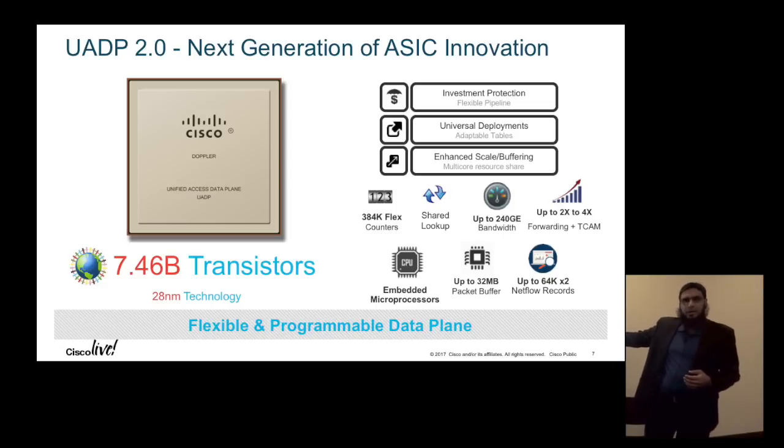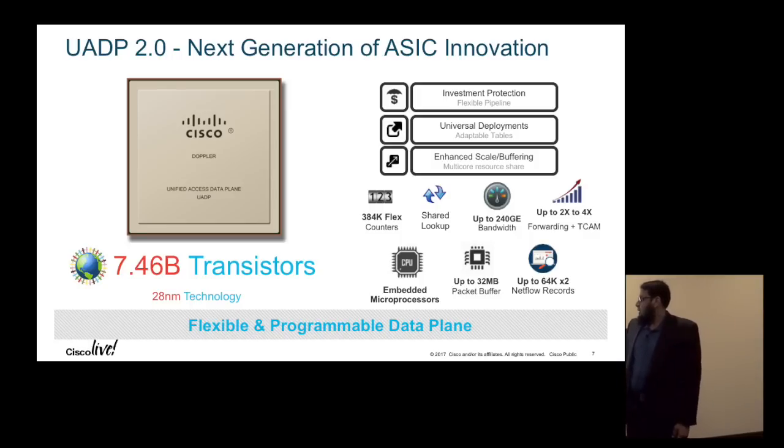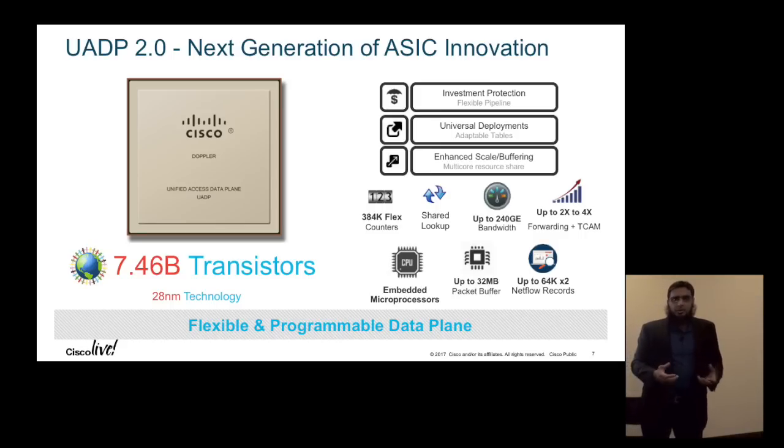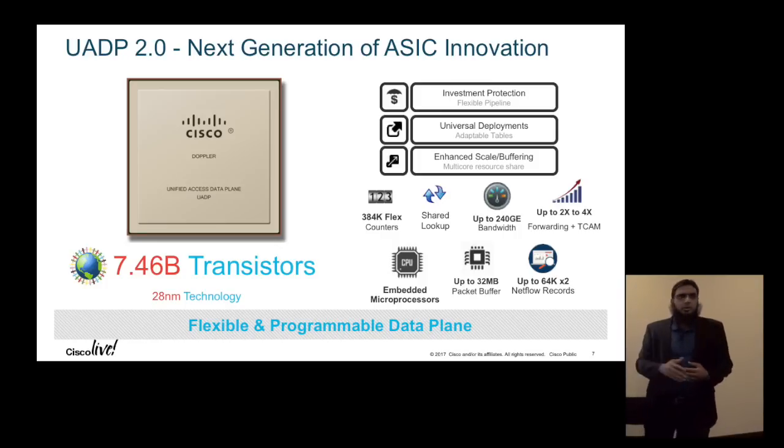You have 240 gig of bandwidth versus 56 gig of bandwidth that we used to have before. We have a lot better counters. We have up to 32 meg of buffer, the packet buffer. And we have up to 128,000 of NetFlow entries. And pretty much all the numbers are better in this ASIC.